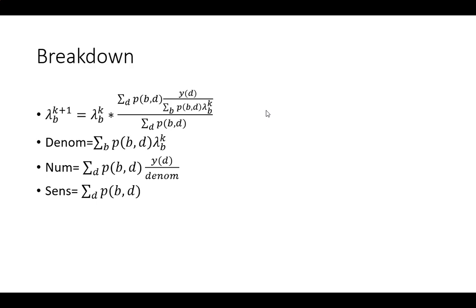That sets this denominator right there, and then I use that denominator to calculate the upper part of this, and then the sensitivity. So we have to calculate this one before we can use it here. I'm going to need one set of sums here, and then another set to calculate these. So that's basically the ratio. Once that's done, this over this gives me my ratio for the answer.